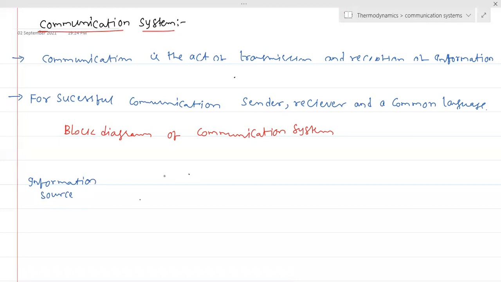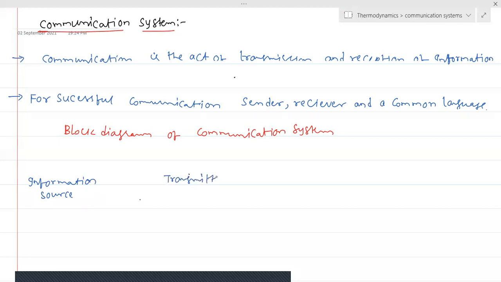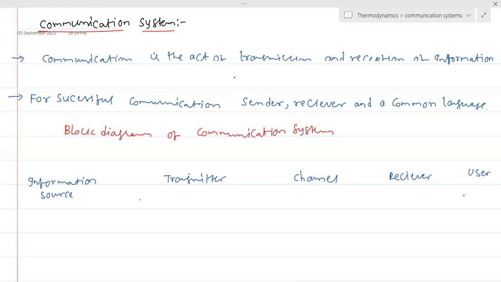After that we have the transmitter, then the channel, and after that the receiver and user. So the user finally has the information.